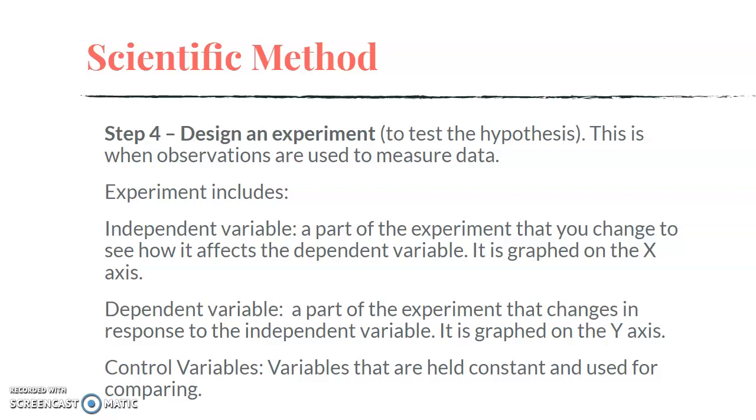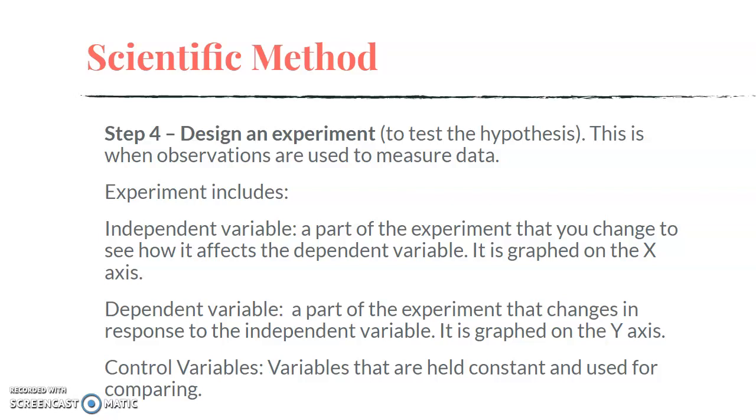Now, an experiment includes different variables. We have an independent variable. The independent variable is the part of the experiment that you change to see how it would affect your dependent variable. And on your graph, it would be graphed on the x-axis, or the one that is horizontal.